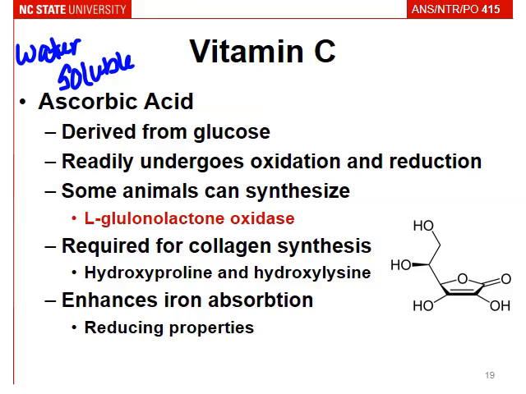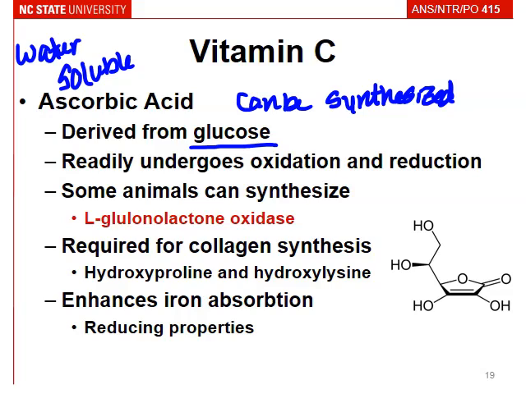Now, some animals can synthesize it. Humans, unfortunately, cannot, but mice, rats, pigs, and poultry all can synthesize vitamin C. When those animals synthesize it, it comes from glucose, and it readily undergoes oxidation and reduction.